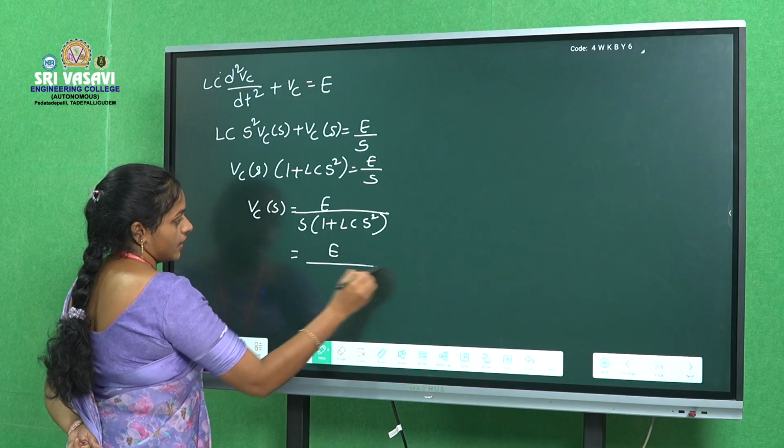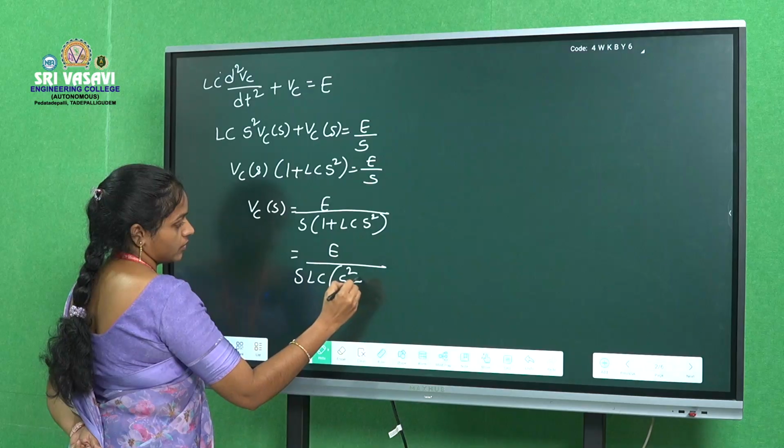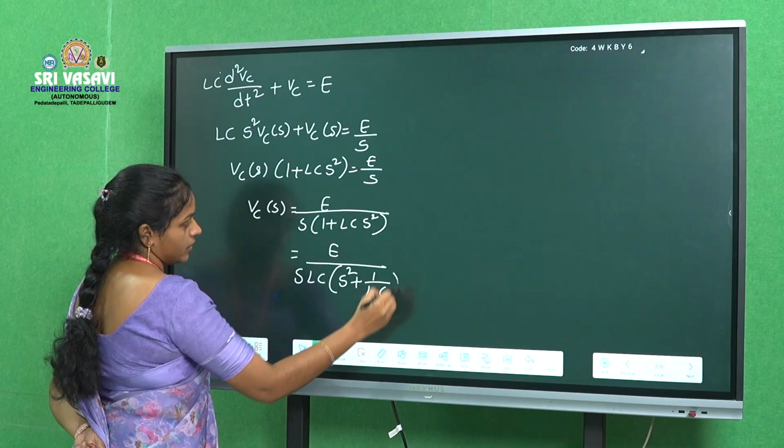Then taking LC as common, S square plus 1 by LC.